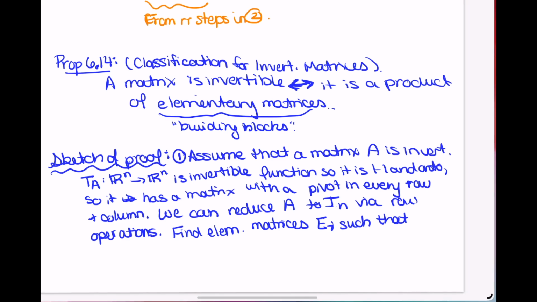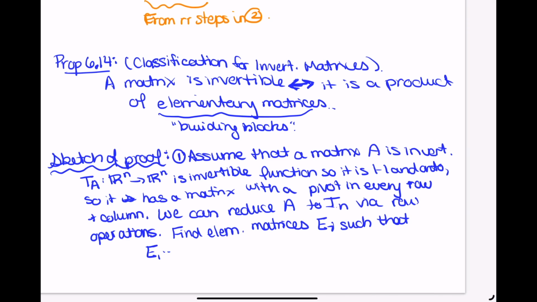So that means that from our previous exercises, we can find elementary matrices corresponding to each step in the row reduction process, such that their product times the identity is going to equal our matrix. Because if it can be reduced to the identity, then the identity can also be row reduced, or perhaps we call it row increased, to the matrix A.